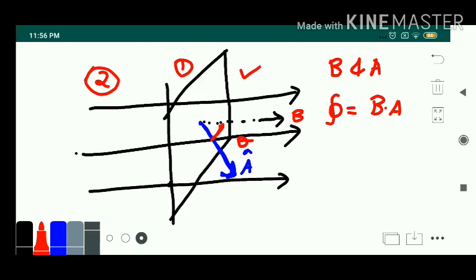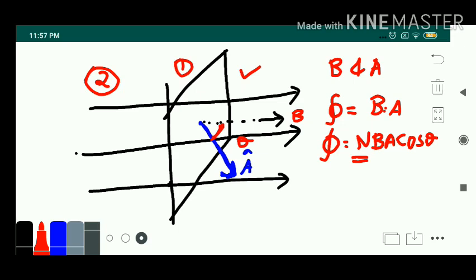Then that much flux has to be linked here. So phi is equal to NBA, where N is the number of coils. Here there is only one coil, well and good. Now it is B dot A, which means there is a term pending, that is cos theta, where theta is the angle between B and A.